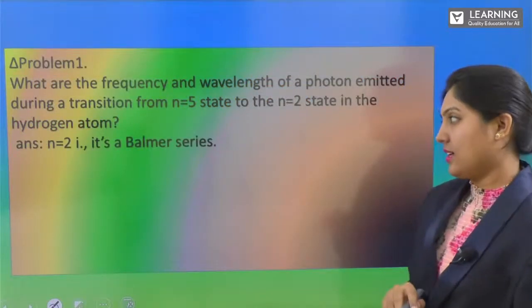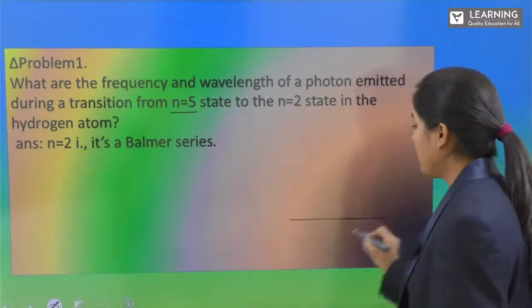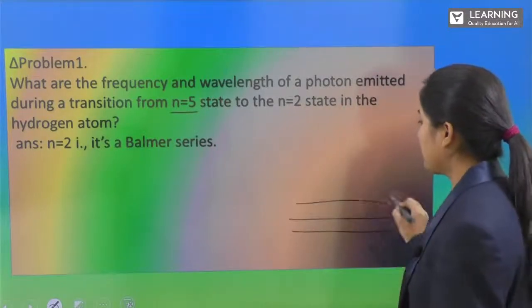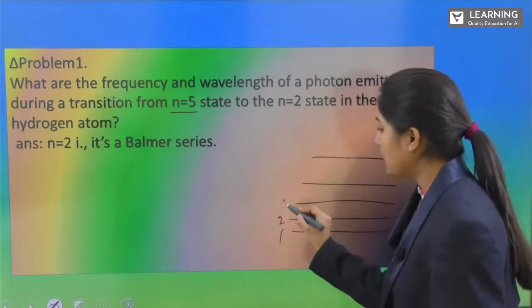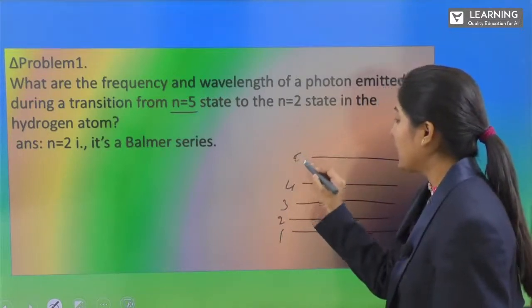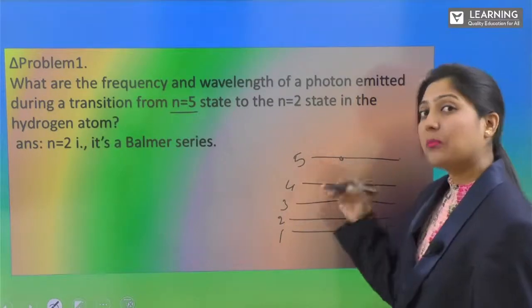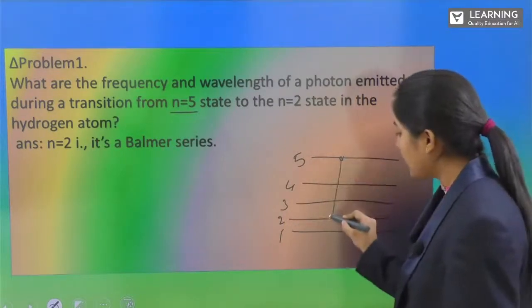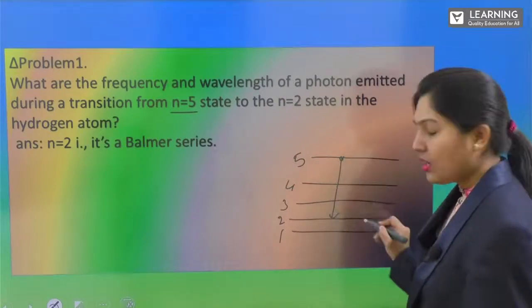As you can see here, we have n equals 5, that means 1, 2, 3, 4, 5. The electron is in the fifth energy level, and it is jumping down to the second energy level.